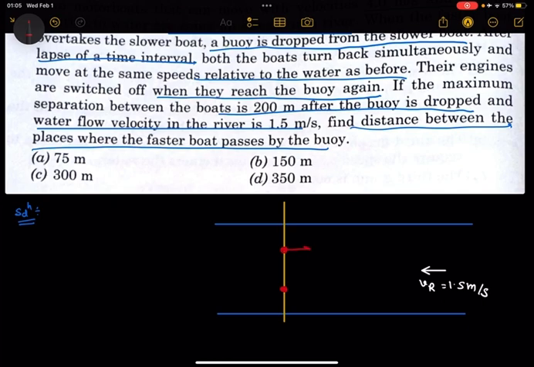Suppose this is the slower boat, moving with 4 meter per second, and this boat is moving with 6 meter per second.